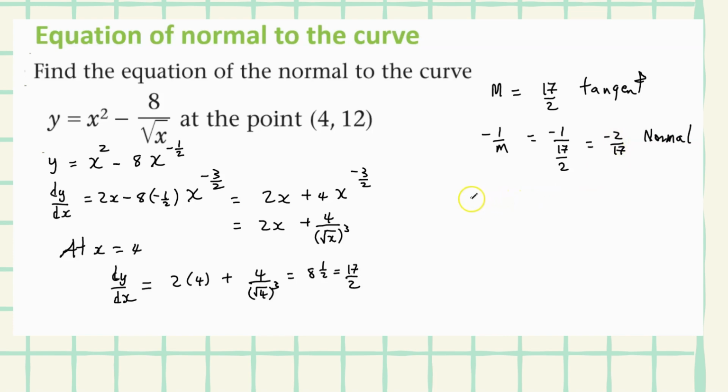Therefore we can write the equation as y minus y1 equals m into x minus x1. We can simplify this to write y equals m into x minus x1 plus y1.